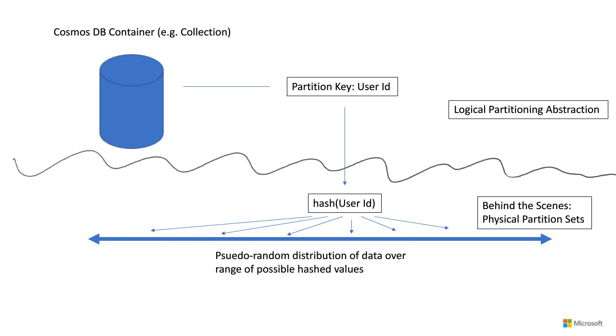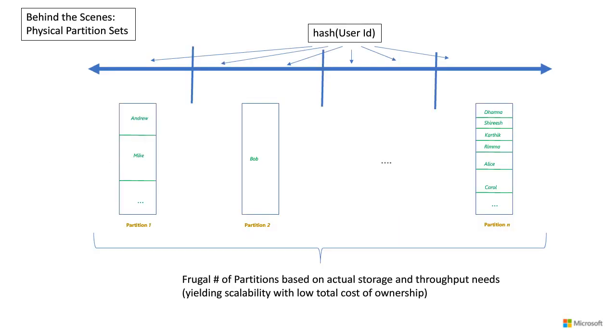Now, the system in the background is going to start calculating how many physical partition sets are required here. This is based off of the actual dimensions around storage and throughput. And this is an implementation detail, because at the end of the day, what you really care about is how much data can I store and how many concurrent requests can I perform against the database.